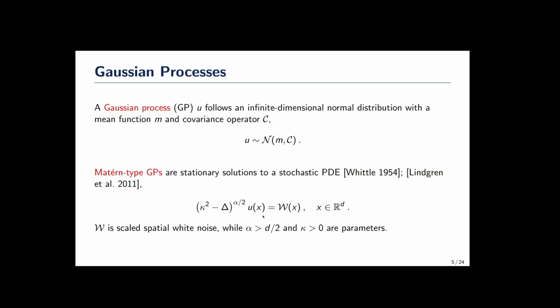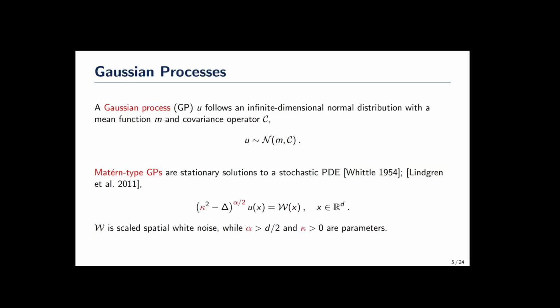And this multiplied by our Gaussian process or random field gives us a right-hand side term, which is scaled white noise. So in order to obtain a sample from your Gaussian process, you could make use of this stochastic PDE by drawing a sample of your white noise, solving this PDE, and what this gives you is a sample of your random function u in this case.